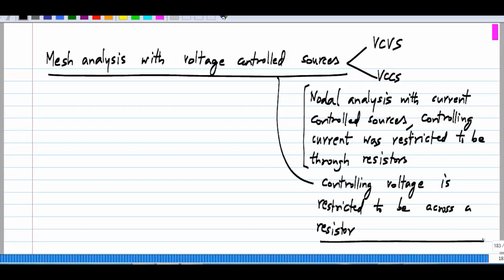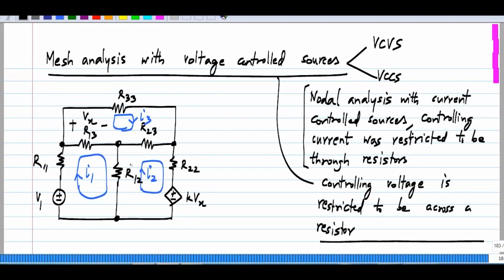So we have made these restrictions just to tackle only the simple cases. And that's the same reason why we restricted the controlling current in nodal analysis to be only across a resistor. If the controlling voltage is across a resistor, clearly it can be written in terms of the current through the resistor. So it can be treated analogously to current controlled sources. That's why we introduced this simplification.